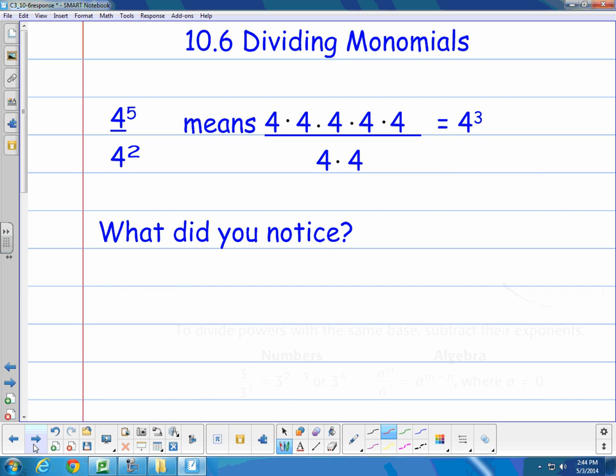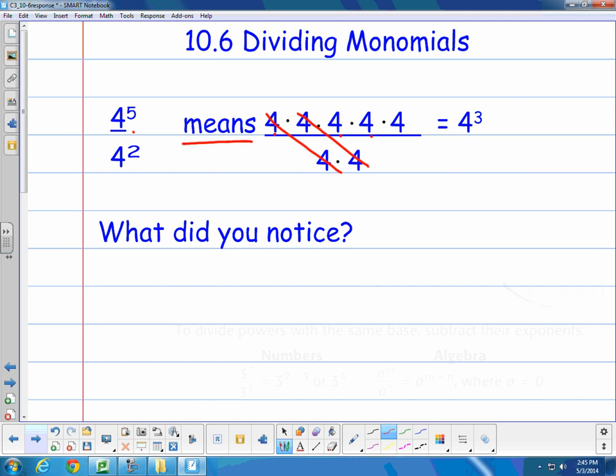So what we know is a to the fifth over a to the second. We know this means the base times itself 5 times. So we have 4 times 4 times 4 times 4 times 4, 5 times, over 4 times itself twice. They're saying that this is 4 to the third. What we notice is, just like in that example in 10.5, numbers cancel each other out.